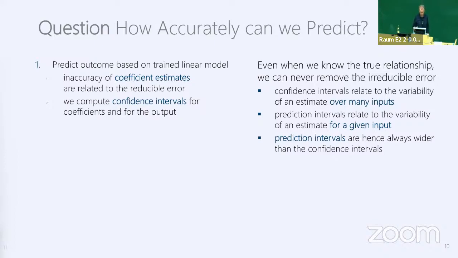Now, that allows us to compute confidence intervals, not just for the coefficients, which gives us a way to judge how good my model is, but as we'll see, also intervals for predictions. What is the interval in which we expect that if we predict this value, the true value is expected to be? How wide is that interval?